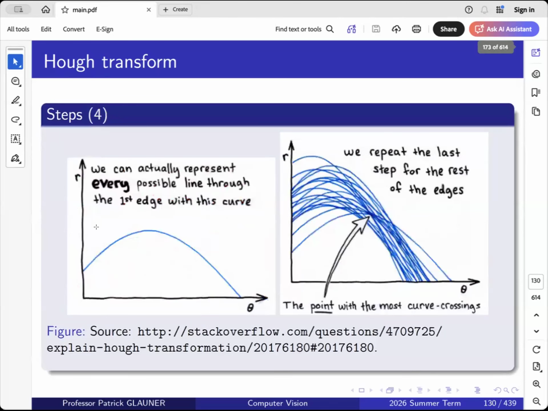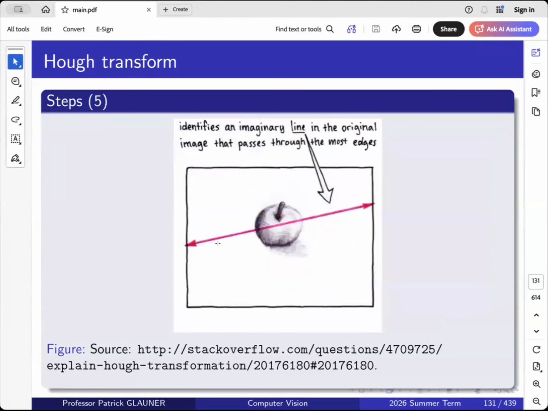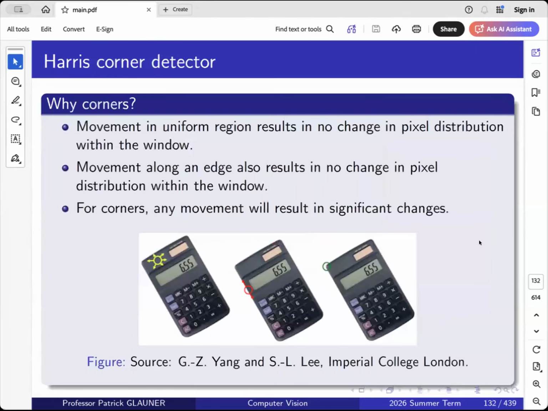We do that for all the edges, and we see where we get the most intersections in r theta. And that one intersection is a point in r theta, which is a straight line in the original image. And it turns out that's the straight line we actually were looking for. So this is the Hough transform, an algorithm purely made for finding a straight line.